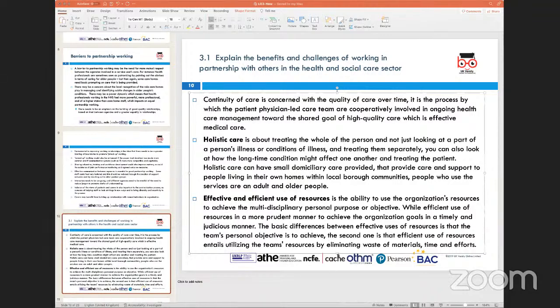And when we talk about benefits, we are also looking at, for example, enhanced service delivery. These benefits arise because different organizations and different expertise come together. I give you an example of the NHS website of Wythenshawe Hospital.